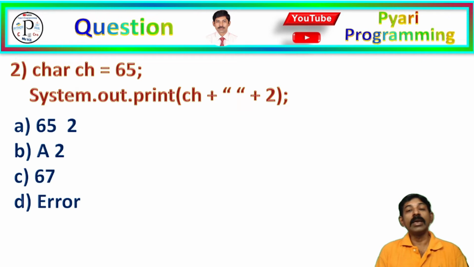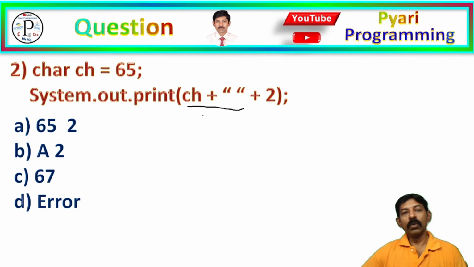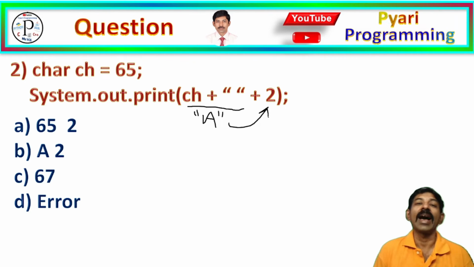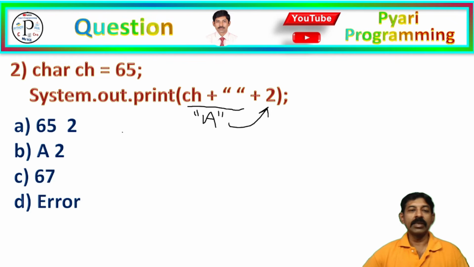Obviously, when there is a space, it is going to concatenate. So first of all, it will add the character with the space, so the alphabet A will be available over here. Then we are adding the alphabet in the form of a string, not in the form of a character. So when it is added with the 2, it is going to be concatenated. It is not going to convert it into its ASCII value. So in this case, we are going to get the output A 2.